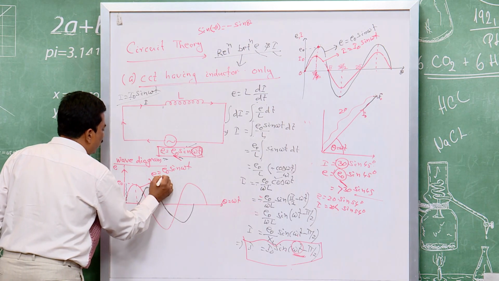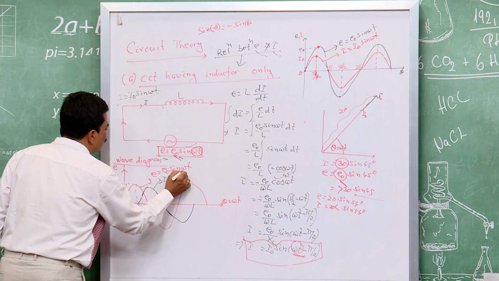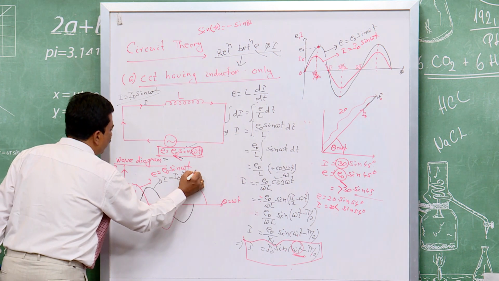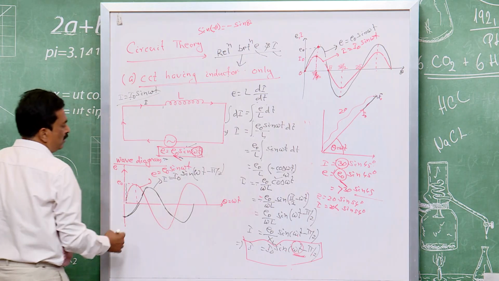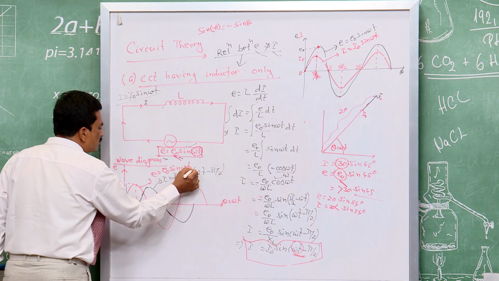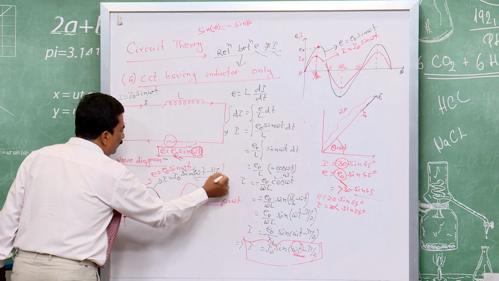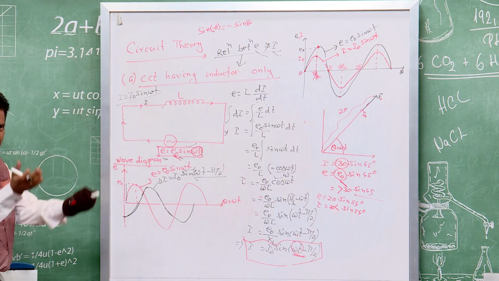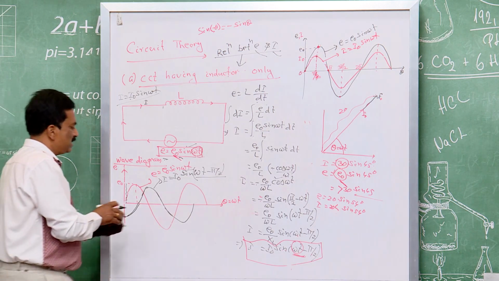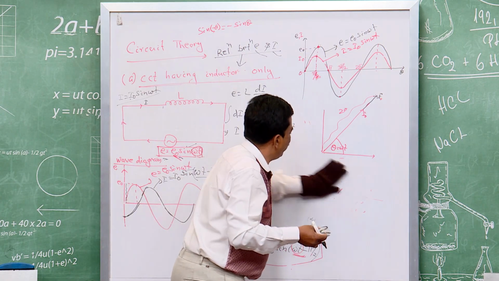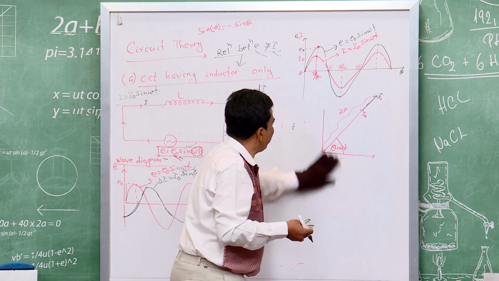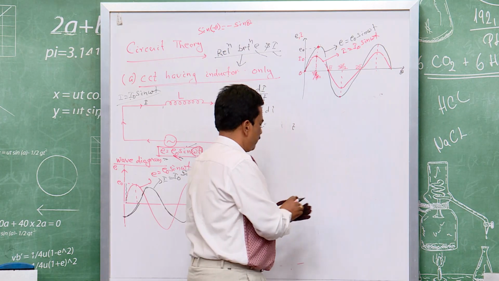So this corresponds to I = I0 sin(omega t - pi/2). That means E has phase omega t, but I has phase omega t - pi/2, it is 90 degrees behind.